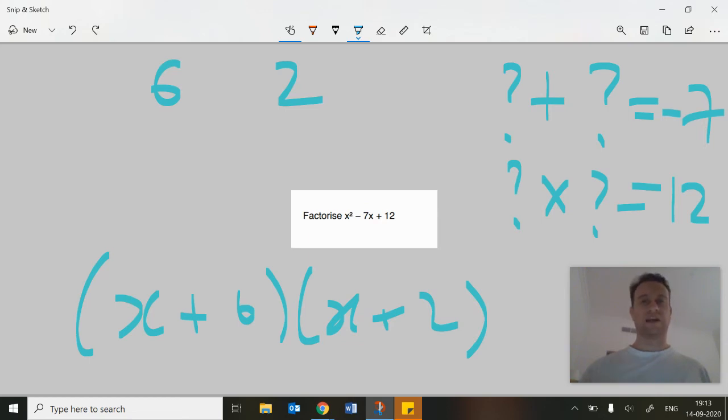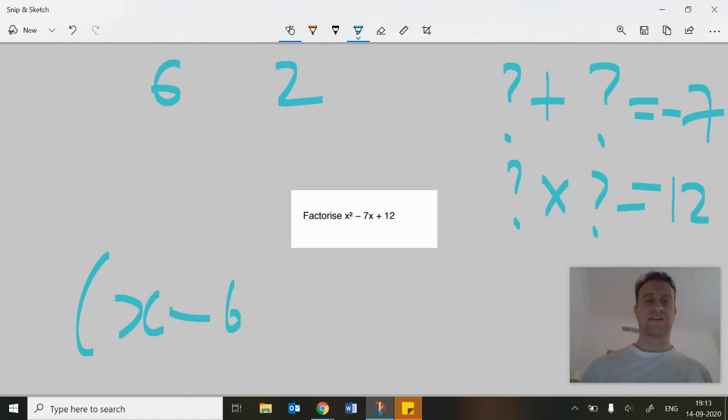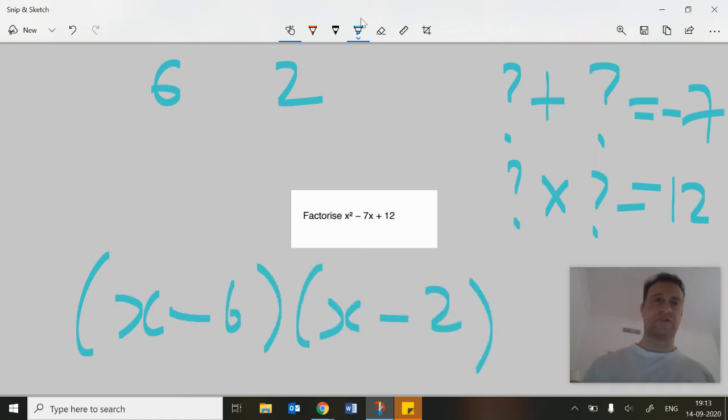So the other way of getting plus 12 is to get 2 minuses. If I do minus 6 and minus 2, that's going to give us plus 12. Does that work? When we add them together, does it give us minus 7? No, it gives us minus 8.